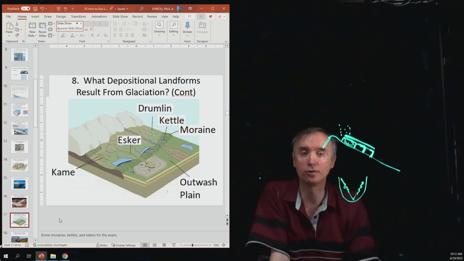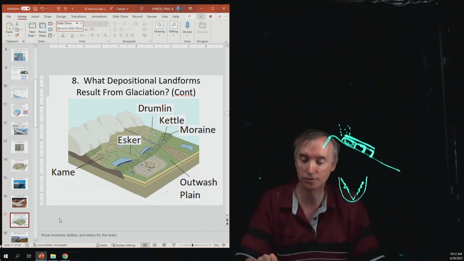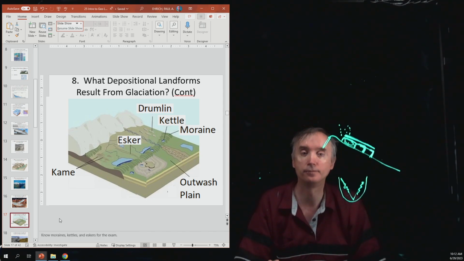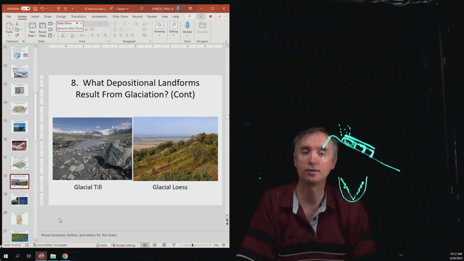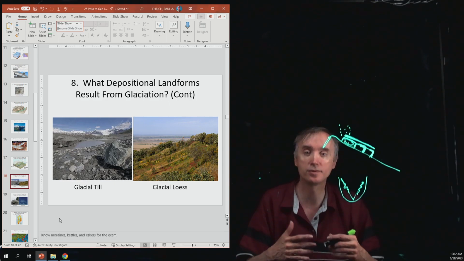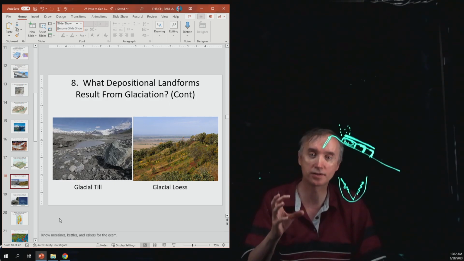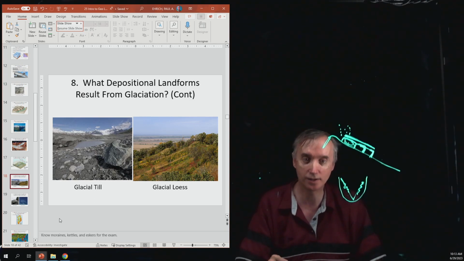Okay, here are some more words that you should know. So know what a kettle is and what an esker is. Make sure to know those two words for the exam. Okay, some other glacial things would be glacial till. This is material that comes out from underneath the glacier, and as you can see, it's got all sorts of different sized particles.